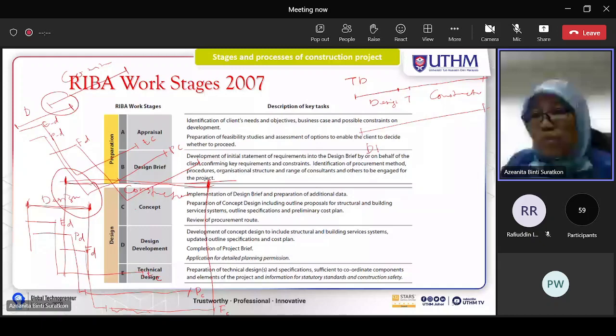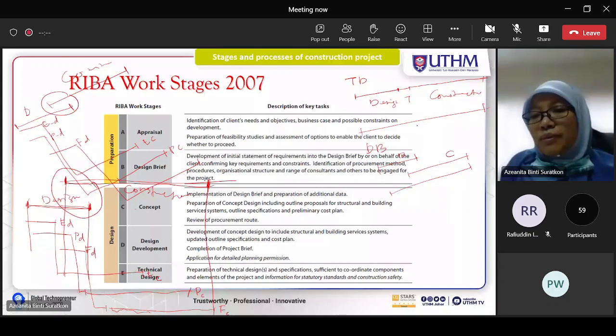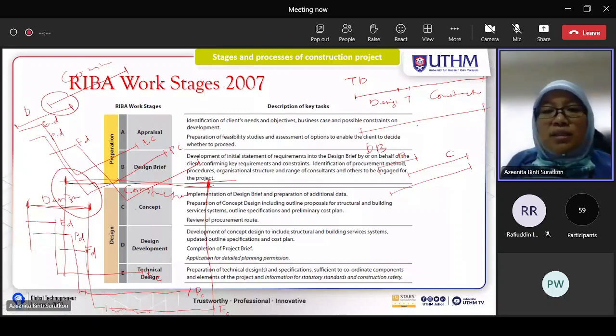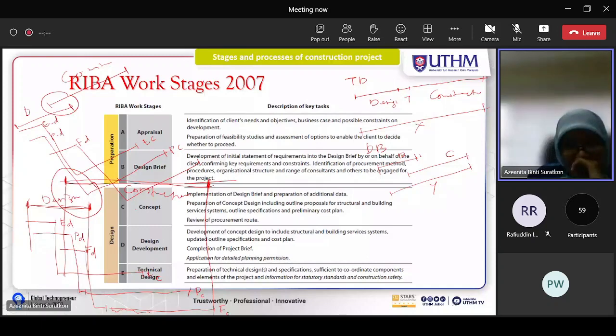For DB, you have design here, and since the construction can overlap here, this is design and this is construction. So the duration can be shortened. Can you see here? Y is shorter than X. Meaning traditional is a longer period. Design and build is shorter than traditional because of the overlapping of the construction period. Okay, class, understand?